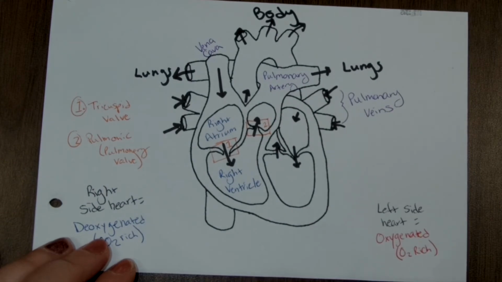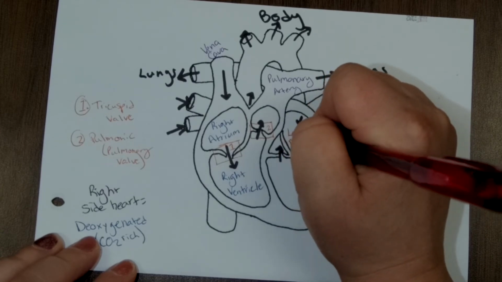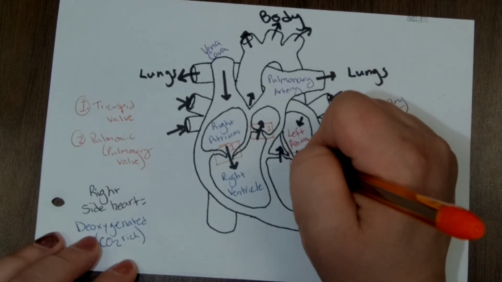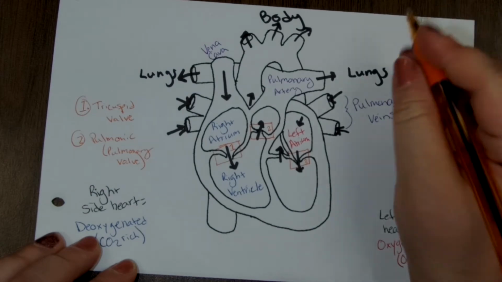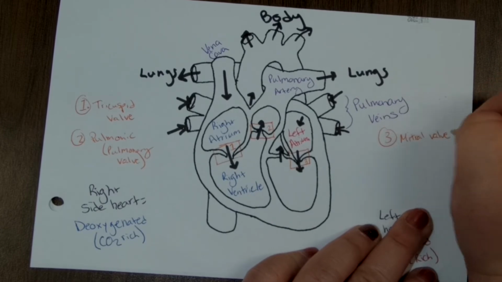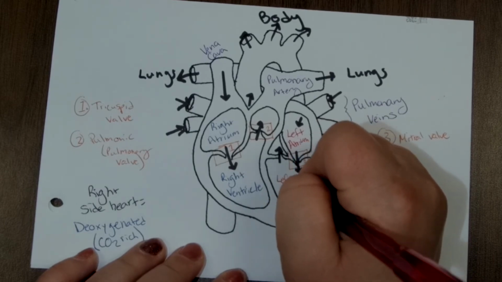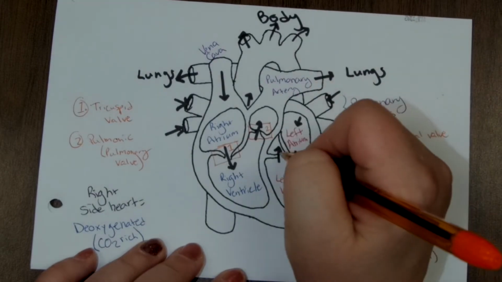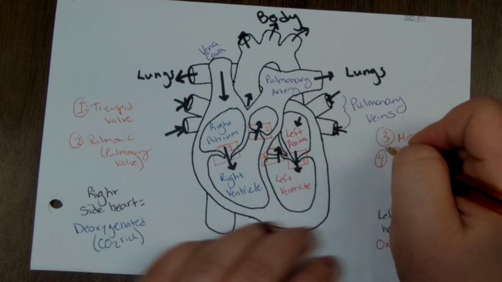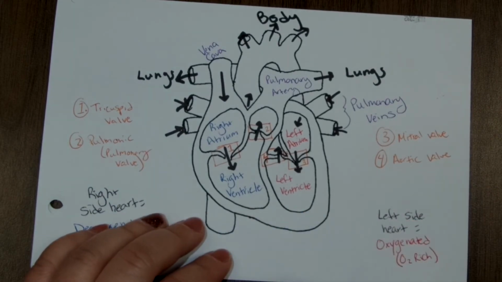Then it goes from the pulmonary veins into the left atrium, through the mitral valve, to the left ventricle, out the aortic valve, into the aorta.